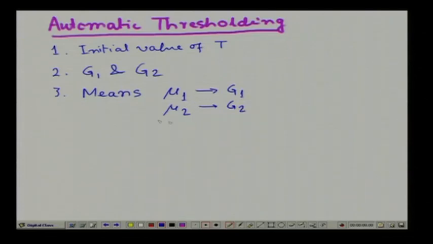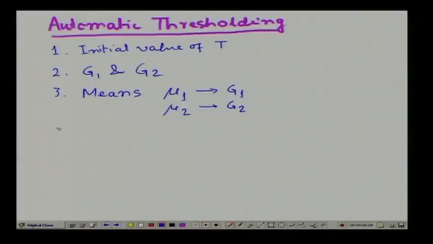Once I get mu 1 and mu 2, then in the fourth step I choose a new threshold T which is equal to mu 1 plus mu 2 divided by 2. And after doing this, you go back to step 2 and perform the thresholding operation once again.